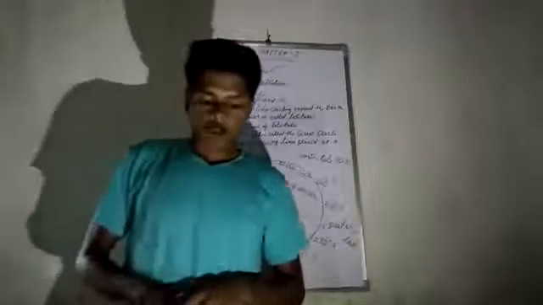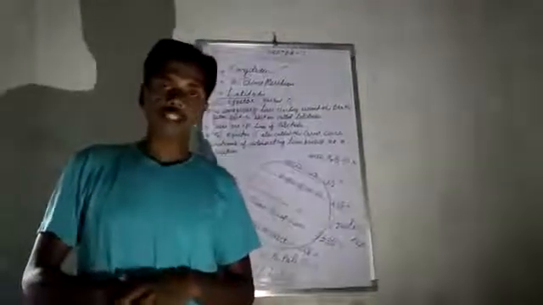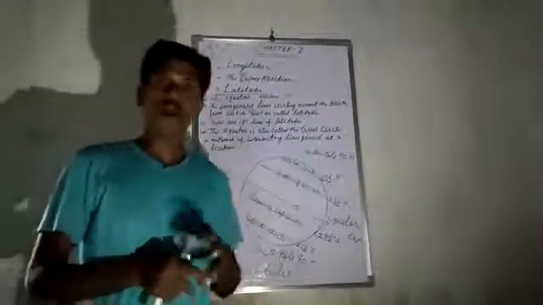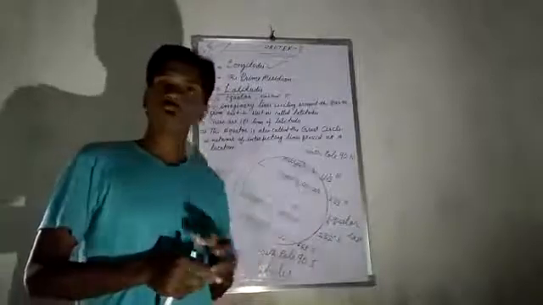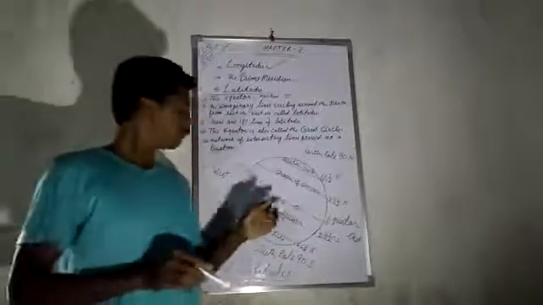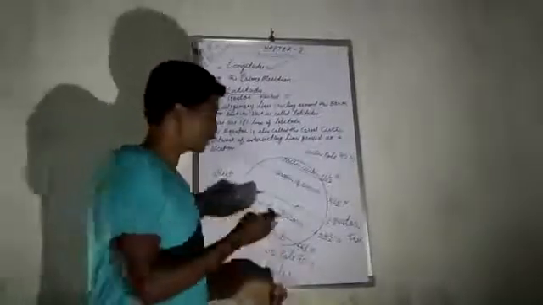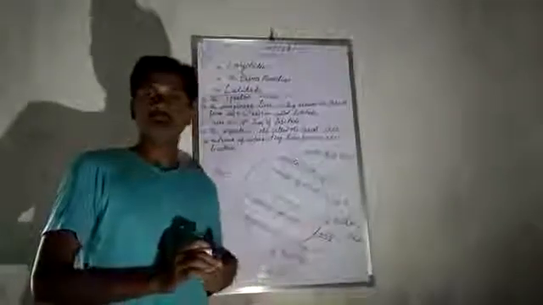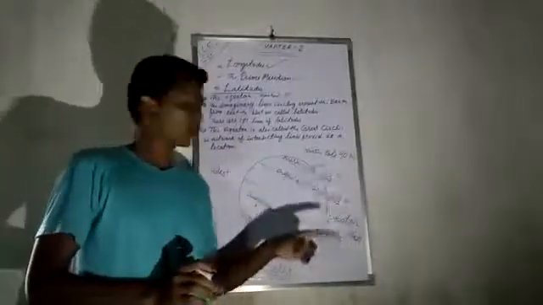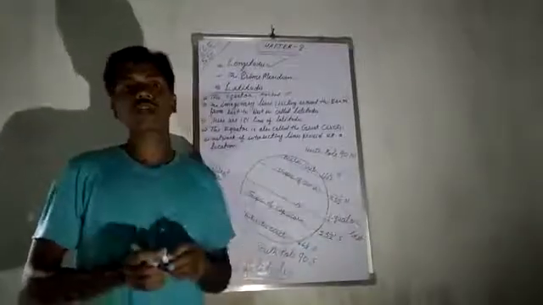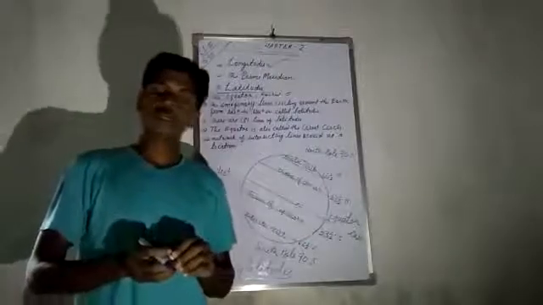We take a midpoint of the globe and draw a horizontal line around the globe from east to west or west to east. That is called the equator.